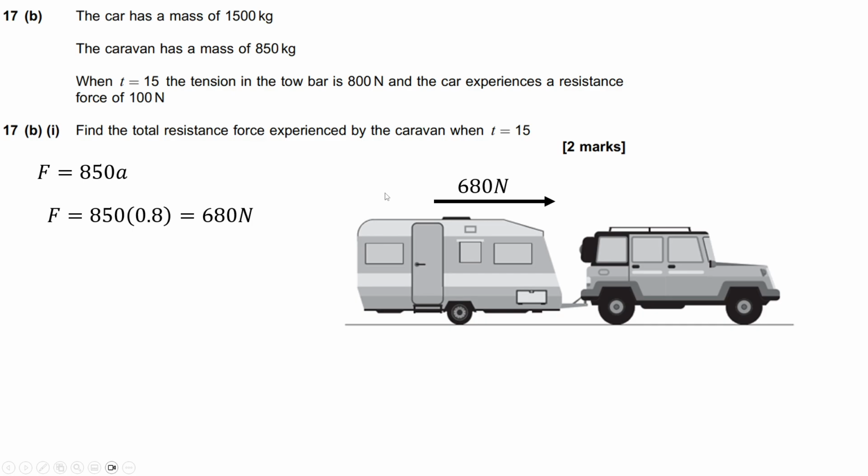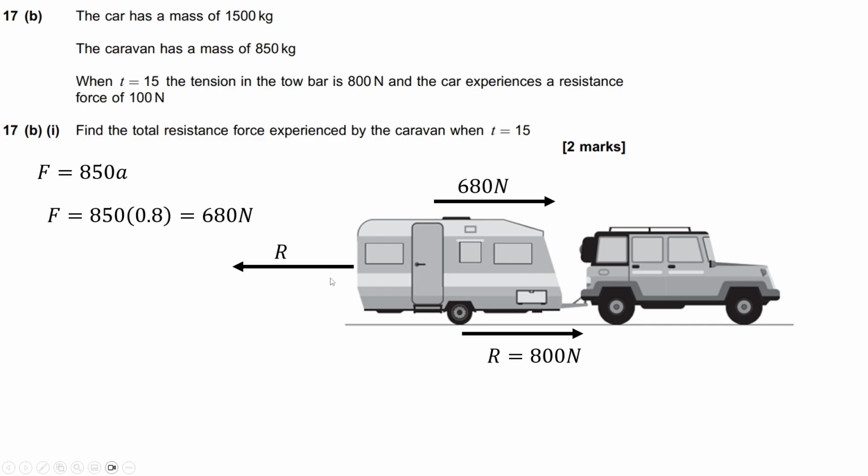680 newtons acting on the right, and then in the tow bar you've got 800 newtons as the tension. So you've got 800 newtons acting that way, and then 800 newtons acting in the other way. If we say 800 newtons is the force acting forwards from the tow bar, we've also got another force here. We've got drag, we'll call it R. That's just the resistance.